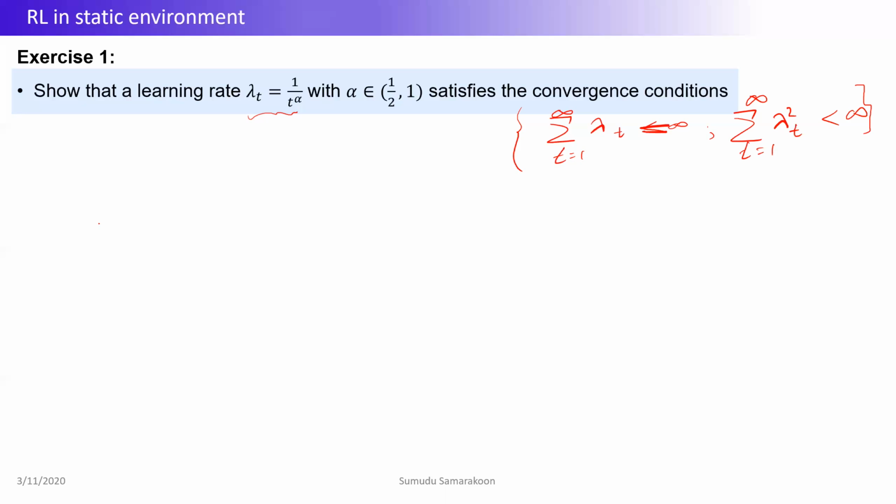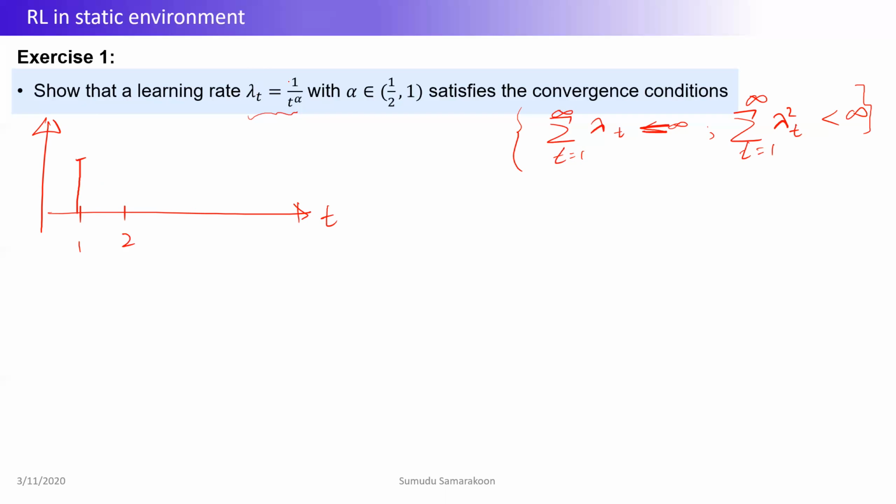Okay, if you have tried it or if you want to know the technique, I'm trying to use a graphical approach to solve this problem. Now, if you think about these values at each iteration t, at t equals 1, we have 1, right?